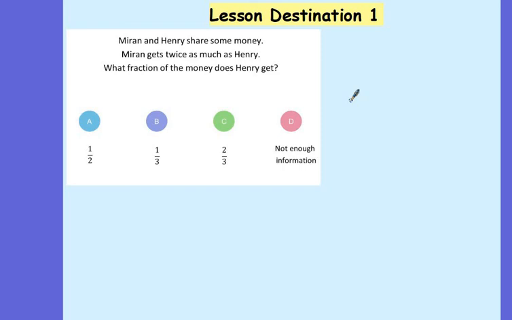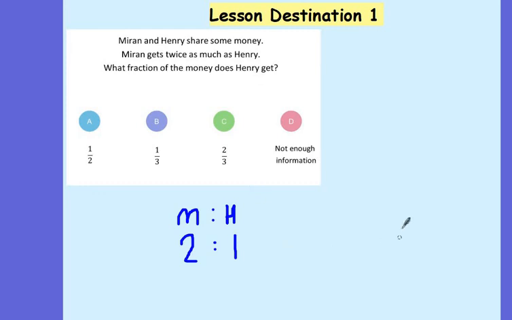Right, let's have a think about it. Let's write it as a ratio. If Mirren to Henry is our ratio, or M to H, we know that Mirren gets twice as much as Henry does. So we're looking at 2 to 1. We've been asked what fraction of the money does Henry get?